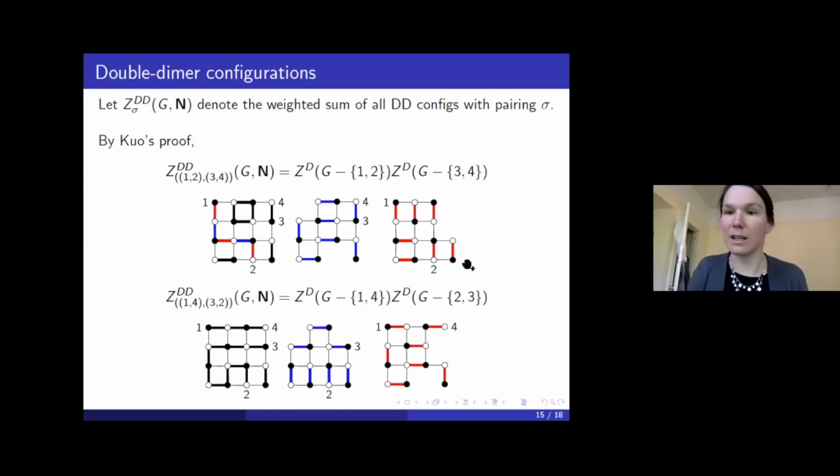And similarly, it was implicit in this proof that the partition function for double dimer configurations with this planar pairing can be written as a product of partition functions for dimer configurations.